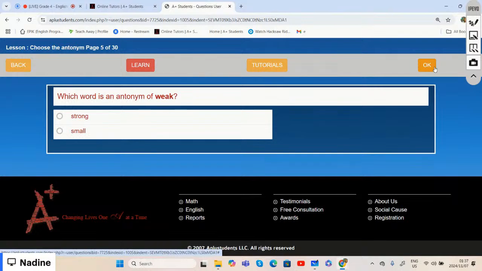All right, the last one. It says, which word is the antonym, the opposite of weak? Is it option one, strong, or option two, small?